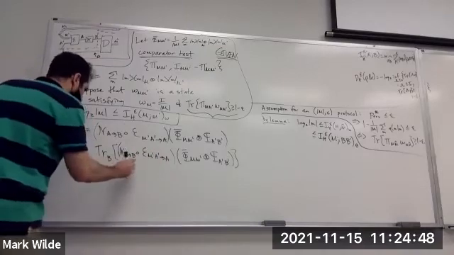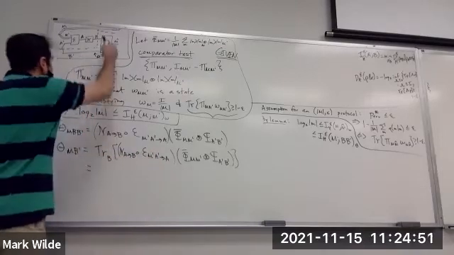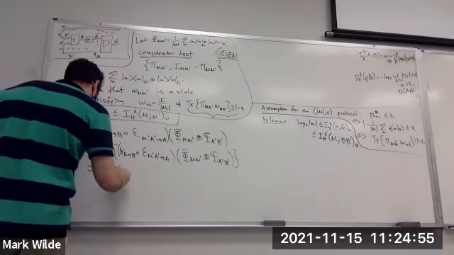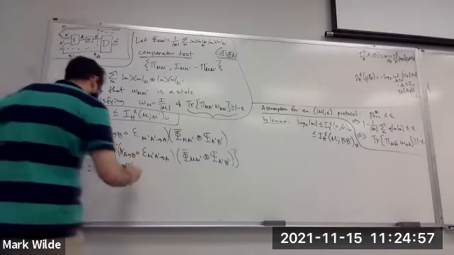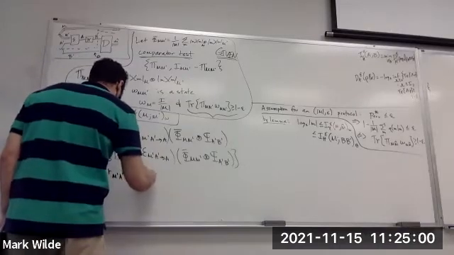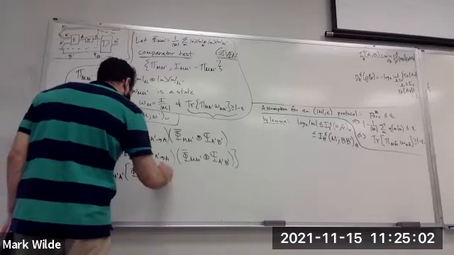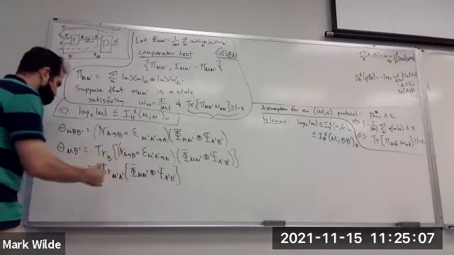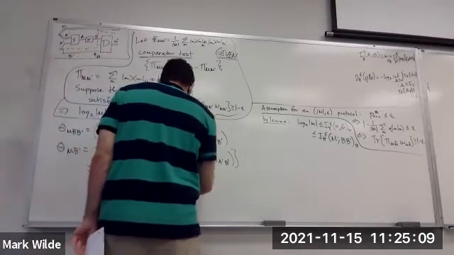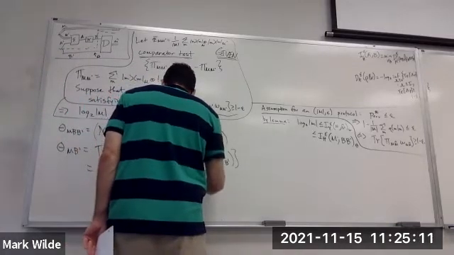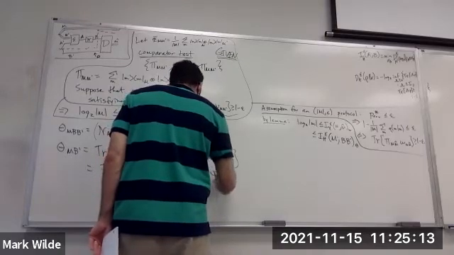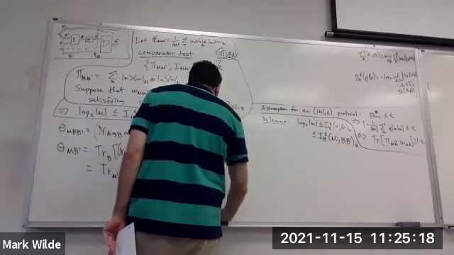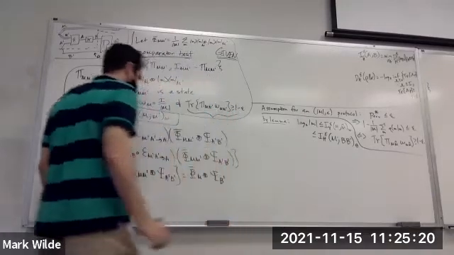Because this is trace preserving and this is trace preserving, it propagates back. Okay. And then now you see M tensor B prime. So it's a product state. Good.